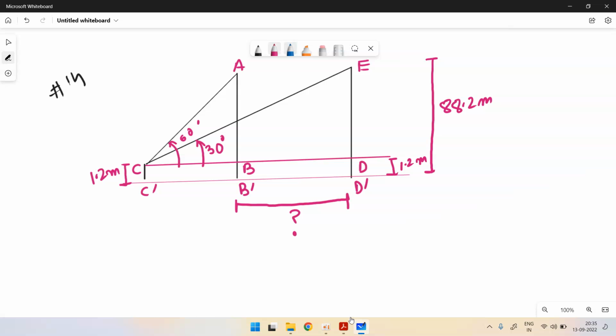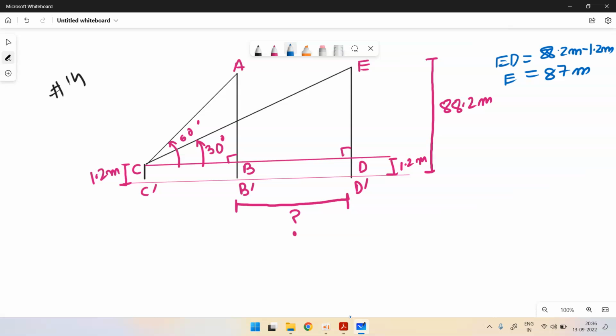This angle is 90 degrees. From the diagram itself, you can see that DD dash is 1.2 meters and ED dash is 88.2 meters. So ED equals 88.2 meters minus 1.2 meters, which is nothing but 87 meters.